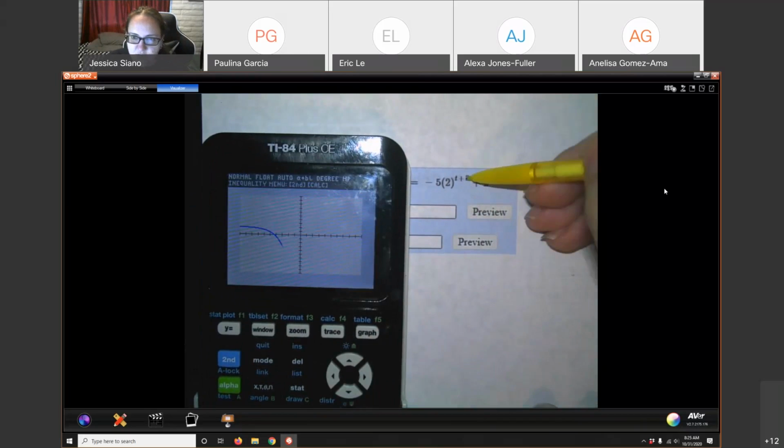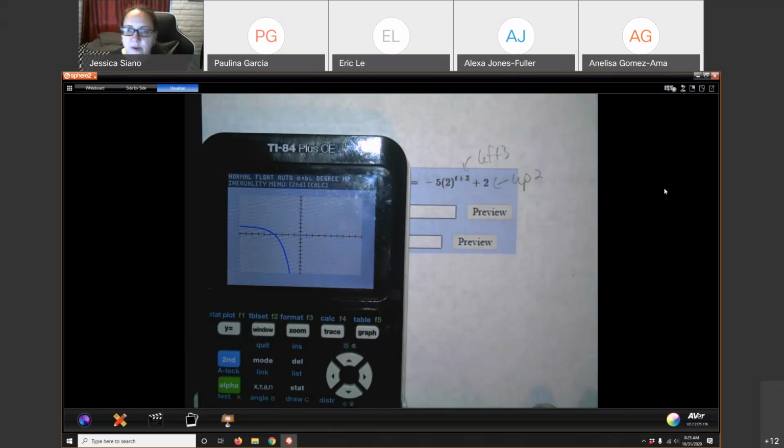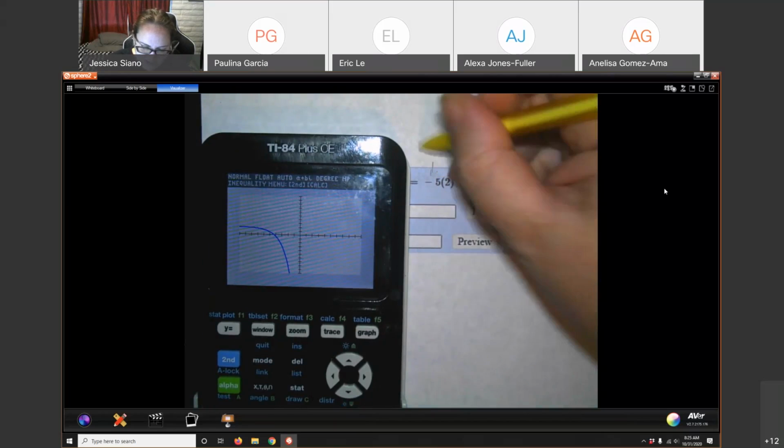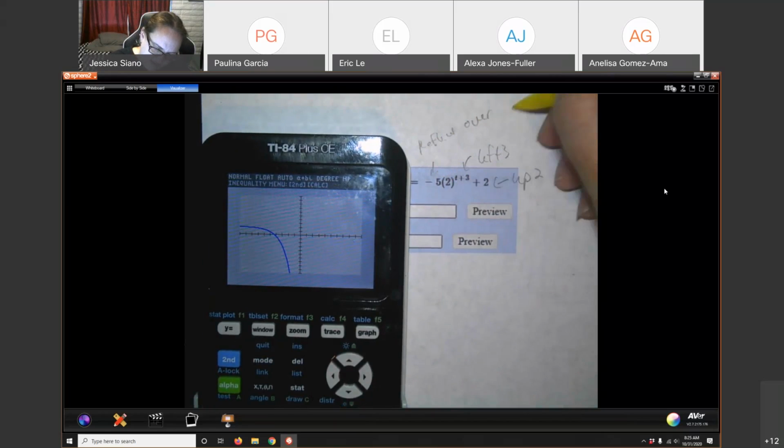So we've talked about translations before. This plus 3 shifts it left 3. This plus 2 moved it up 2. But really, those aren't going to have a huge effect. They are on one side, actually, of the end behavior. This -5 reflected it over the x-axis.